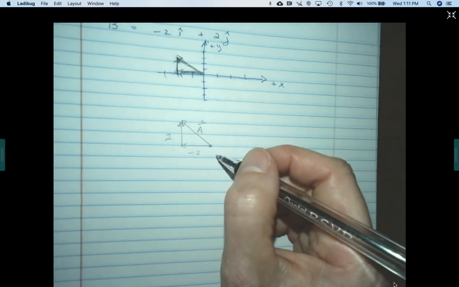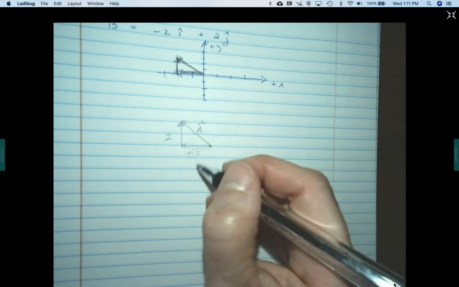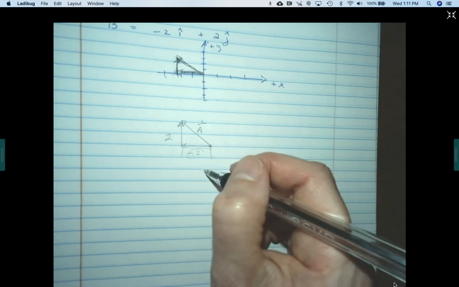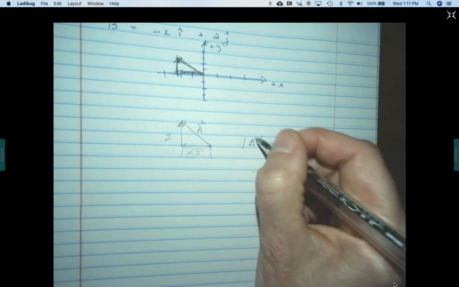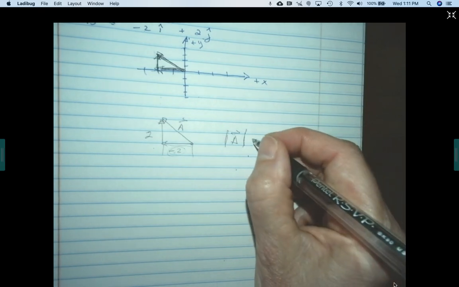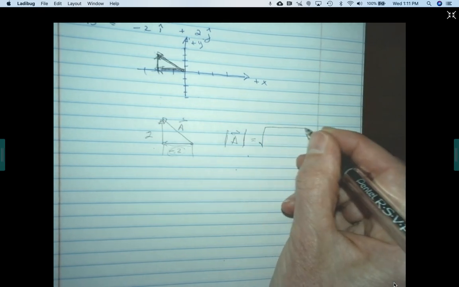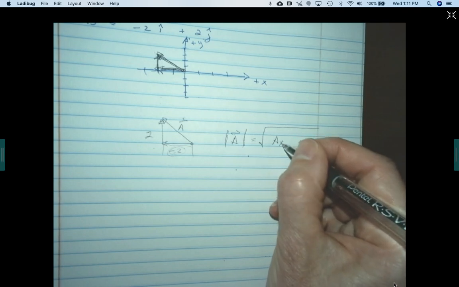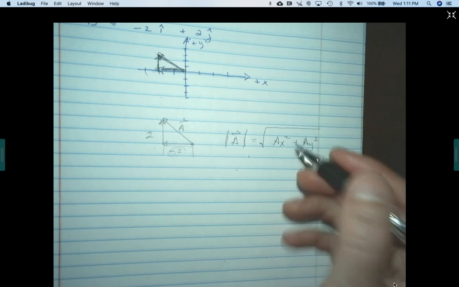All right, so we want to find our magnitude. And remember, this negative just tells us that we're pointing left. The actual length of this is 2. So the magnitude of A, which we write inside these vertical lines, it's an absolute value kind of, is going to be the square root of ax squared plus ay squared. When we square this, the negatives go away, right?